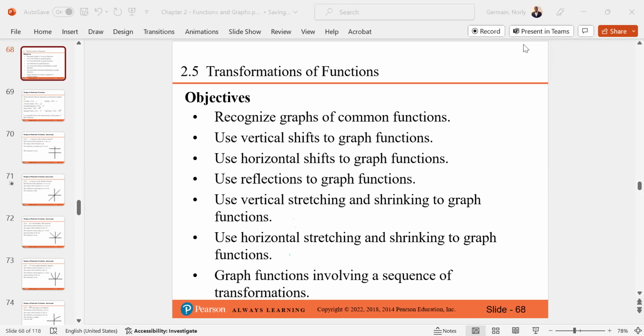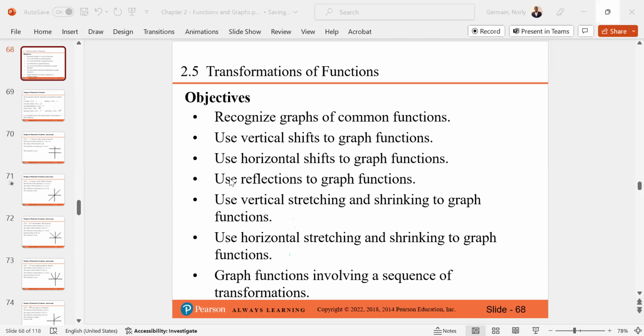In this video, we're going to continue with chapter 2, functions and graphs. But in this particular section, what we're going to see is transformation of functions. So probably you already saw some transformation of functions before.